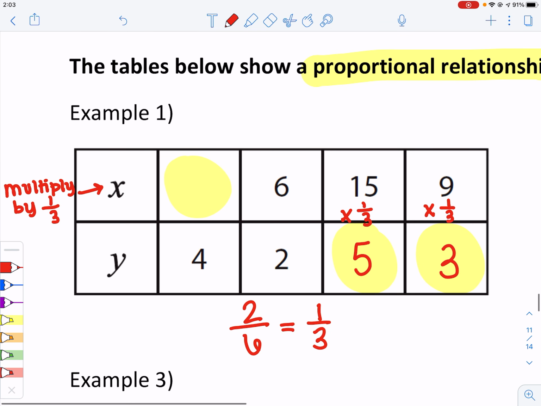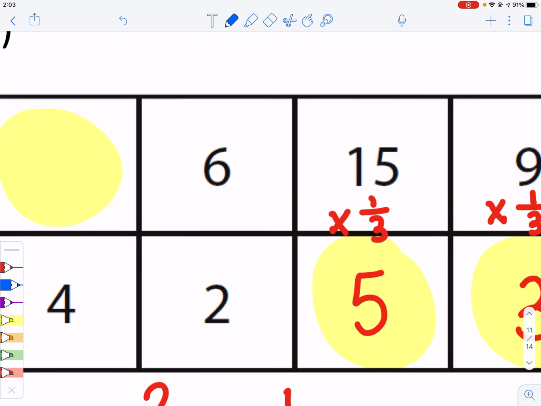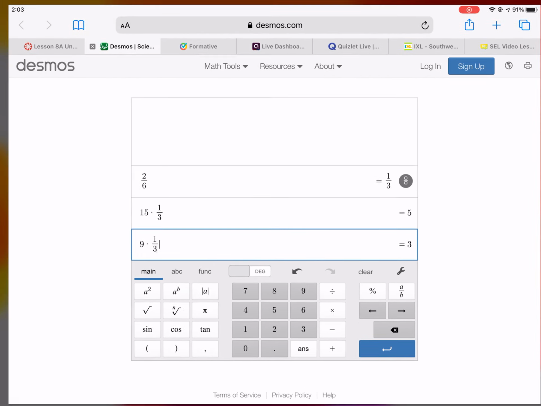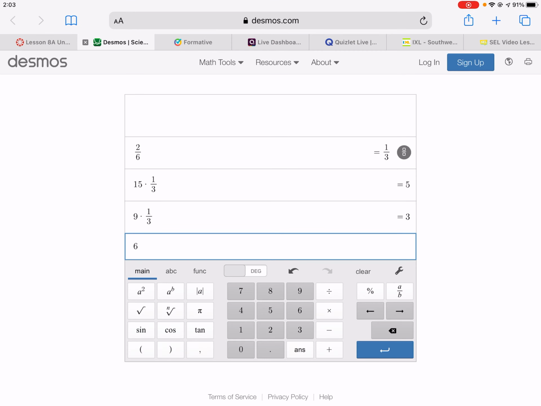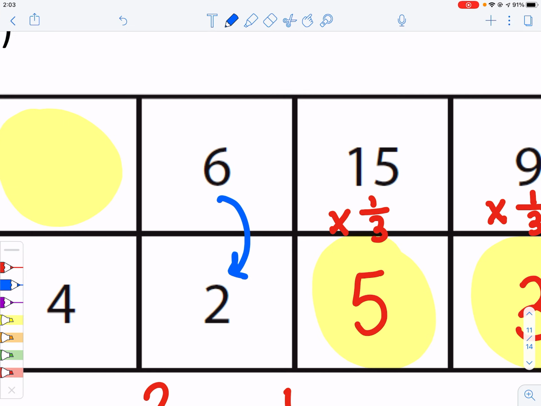Something else you might notice, because multiplying by 1/3 could be a little bit confusing, and I'll show this in blue, is if you're trying to get from 6 to 2, you do multiply by 1/3. So 6 times 1/3 should give us 2, which it does. But instead of saying multiplying by 1/3, try to think dividing.